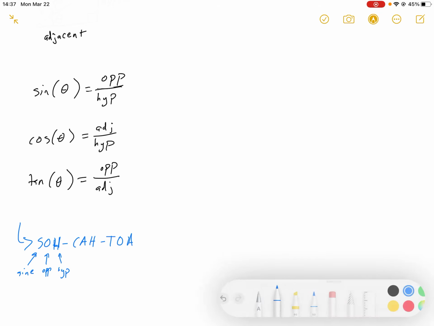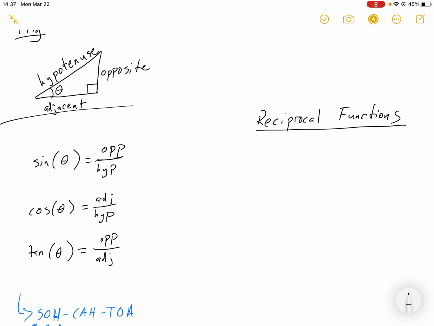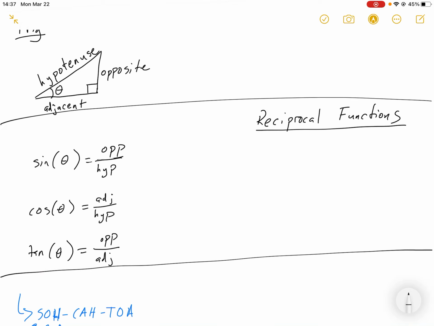Now there are also three reciprocal functions. So we often talk about the 6 trig functions, and these are the other 3, so in total we'll have 6. These should all be highlighted in your notes somewhere. So sine goes with something called cosecant.